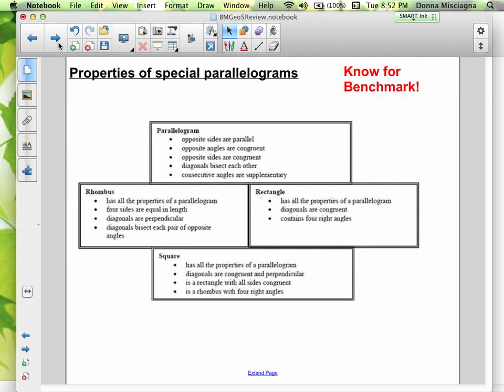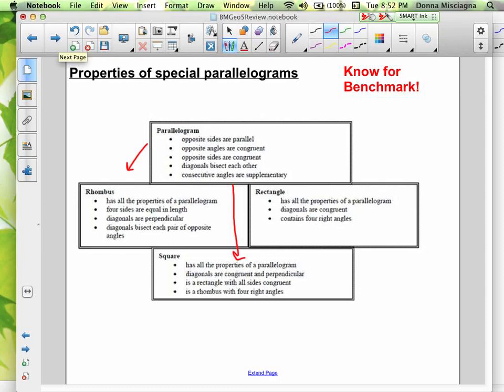Each figure has some unique characteristics. All of these figures have the properties of the parallelogram. They are all parallelograms, so these parallelogram properties are going to apply to every one of these figures.